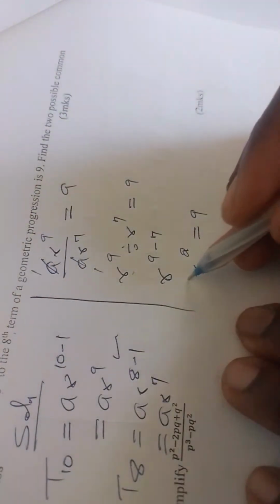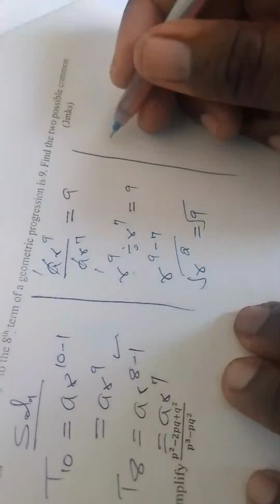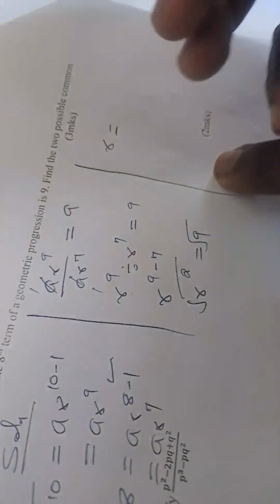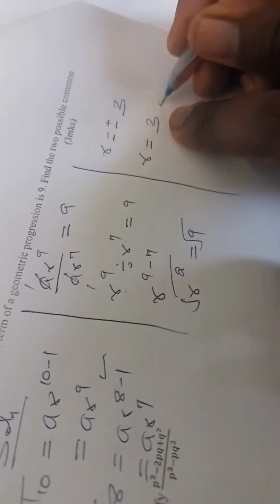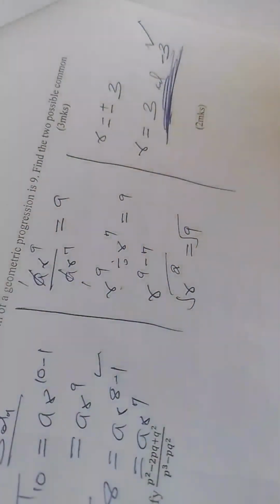Then we find the square root of this. So r will be the square root of a number, it is either plus or minus, so plus or minus 3. Finally, the two ratios will be positive 3 and negative 3. Those are the two ratios.